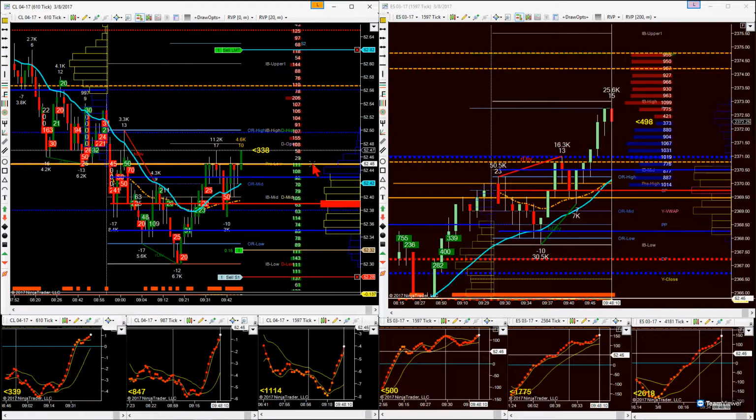We can see buyers continue adding on right there. They took some away, added right back on here. So it looks like buyers are still willing to come up in price to buy. Sellers are adding on as well, but sellers are not lowering price, right? So that's the difference here.